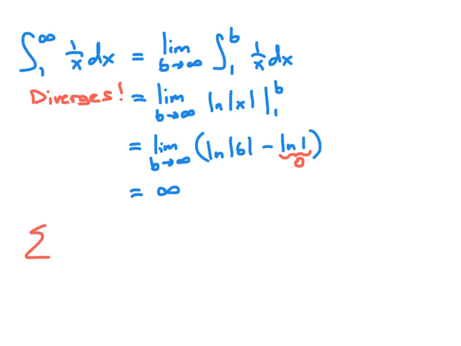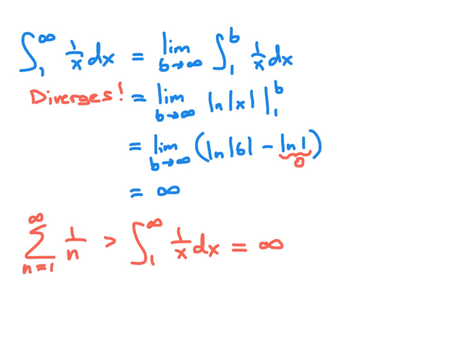So now we recall that using the area of the rectangles, we notice that the sum from n equal 1 to infinity of 1 over n was going to be greater than the improper integral from 1 to infinity of 1 over x dx, and the calculation above shows that this integral is a divergent integral and is equal to infinity.